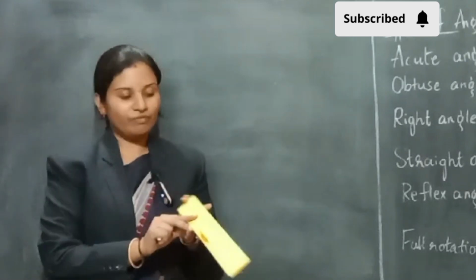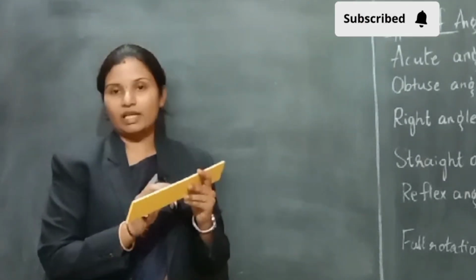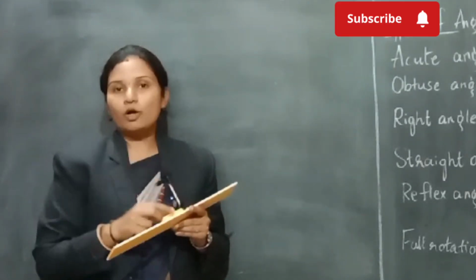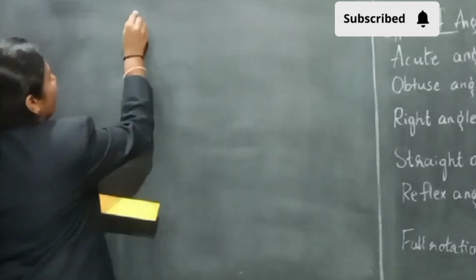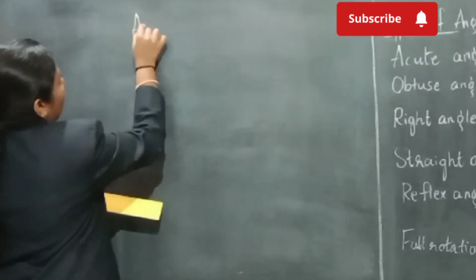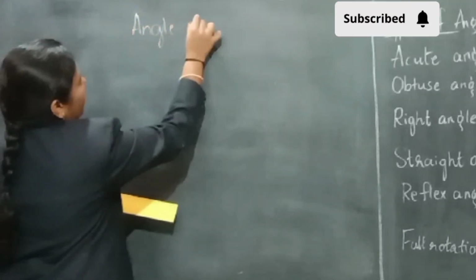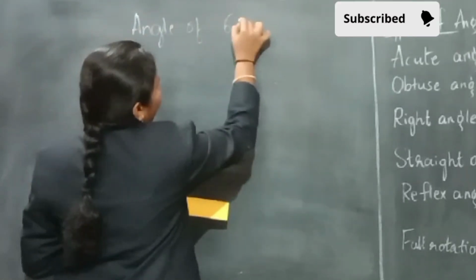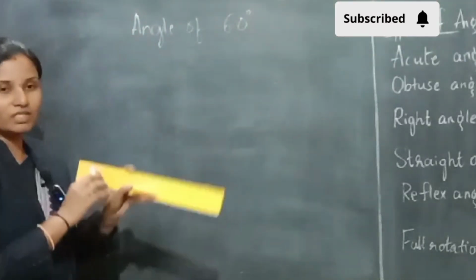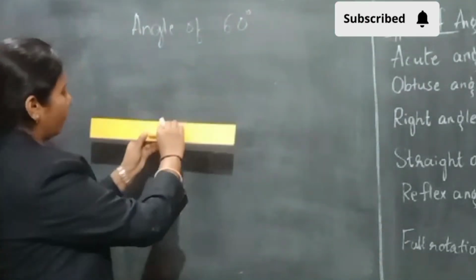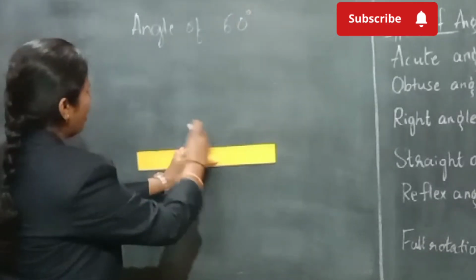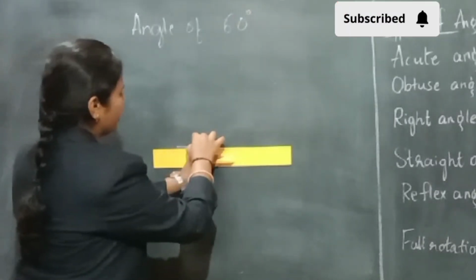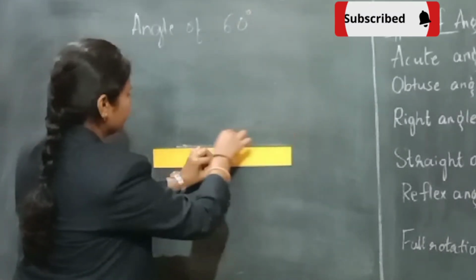At first, we will use a scale. For example, if I want to draw an angle of 60 degree, first I will use this scale. First, I will draw a line, a straight line.